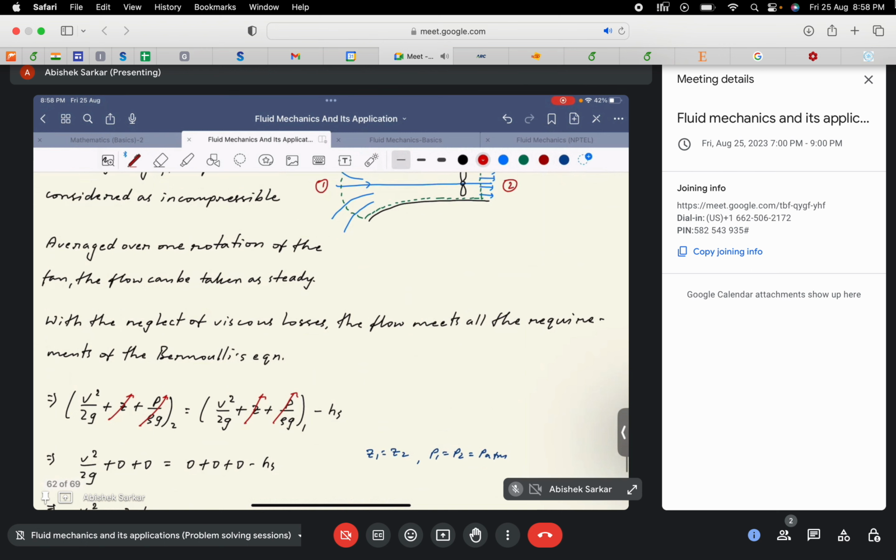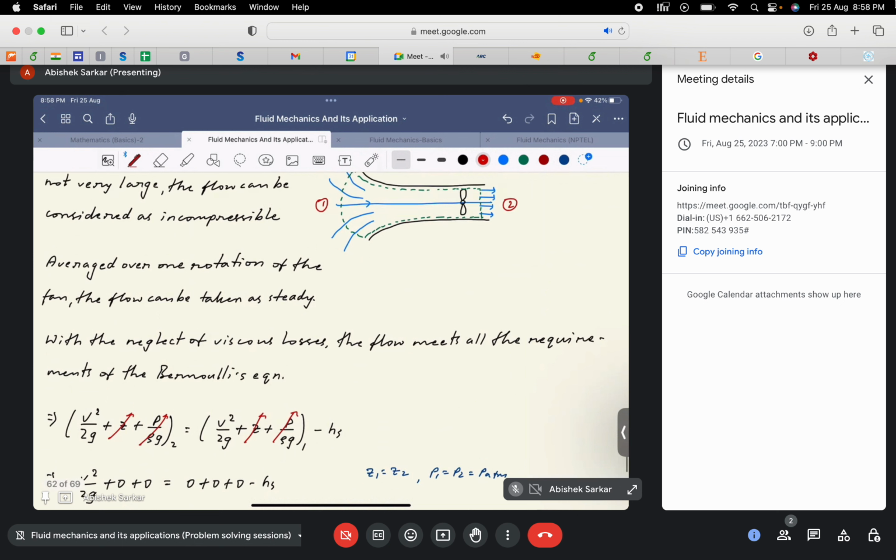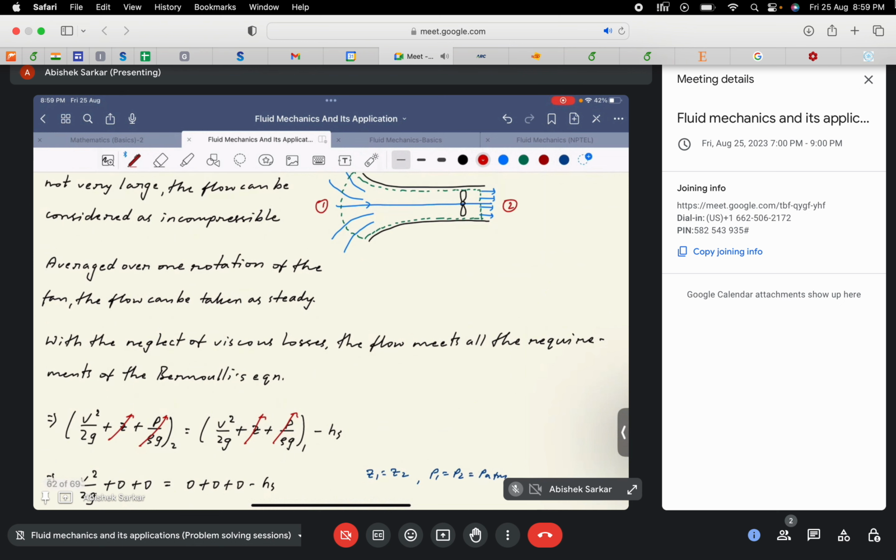and V1 square, if we ideally assume that the flow at the inlet is stationary, because it is turbomachinery, a fan that is being used to suck the flow and generate flow within the duct. So the velocity at point 1, if it is considered to be at a certain distance away from the inlet, from this control surface, it is assumed to be at a certain distance so that the flow remains uniform, or in this case stationary.